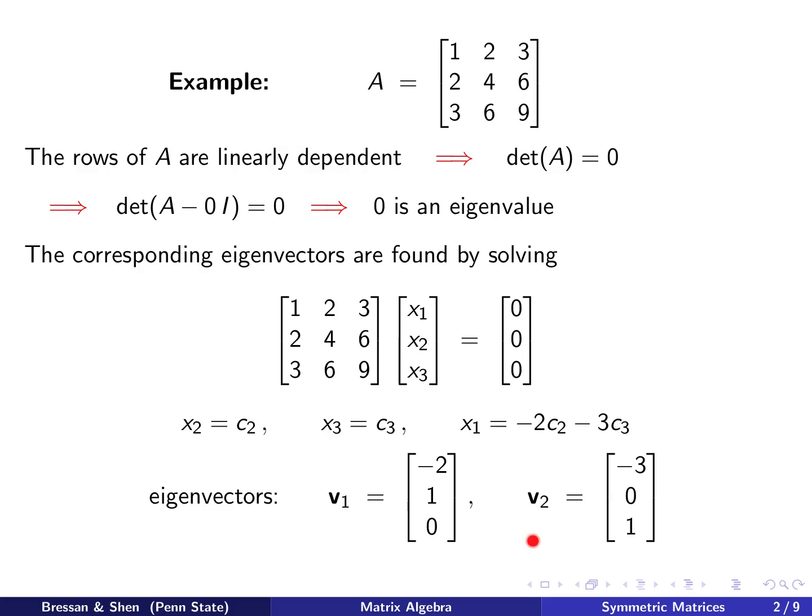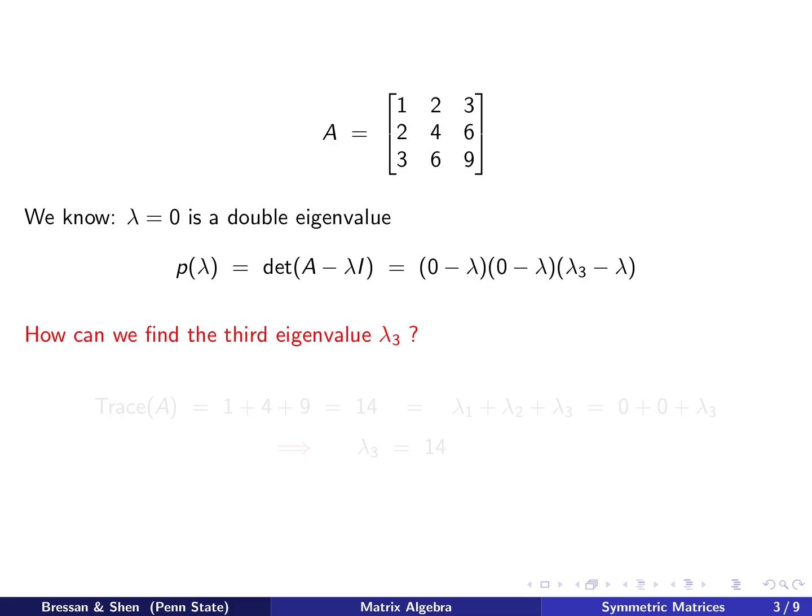So these two eigenvectors are linearly independent. So we see now also lambda equals 0 is a double eigenvalue.